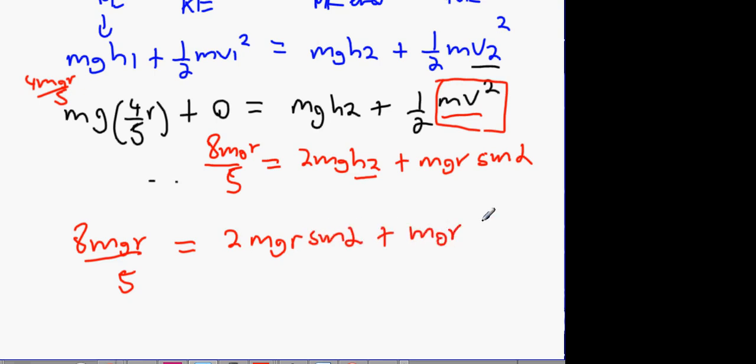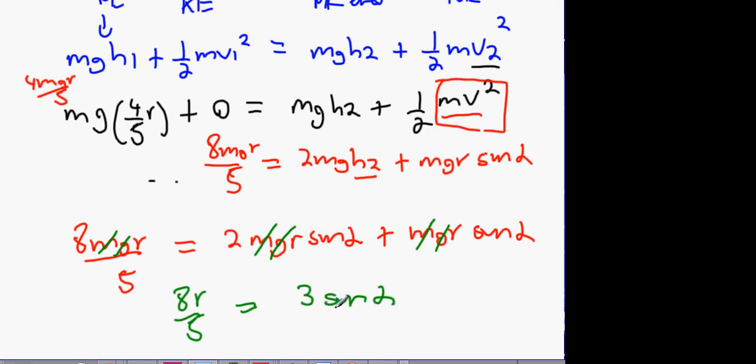Okay, 8r over 5 will equal 3r sin alpha. Well, the r's will also cancel, won't they? Yeah. So what's sin alpha then? Sin alpha is 8 over 15.